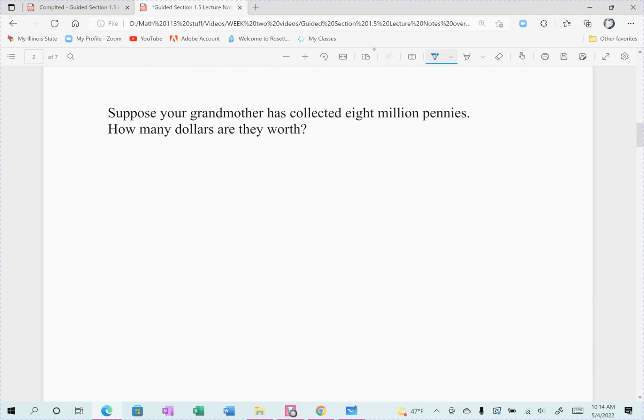Suppose your grandmother's collected 8 million pennies. How many dollars is that 8 million pennies worth? So over her lifetime, she's collected pennies in jars and things like that, which would actually take up quite a bit of space. All right, so she has 8 million pennies.